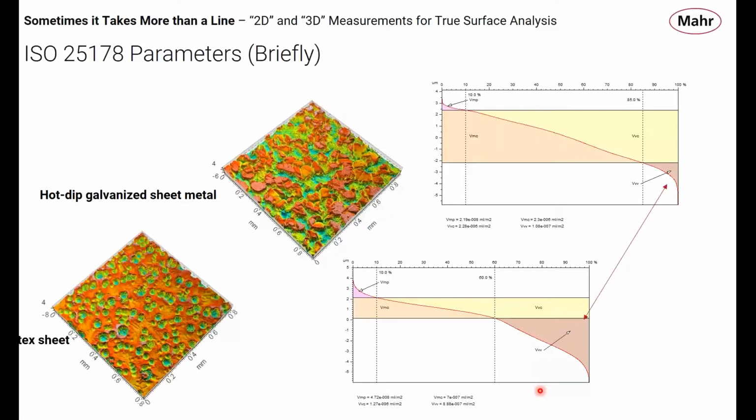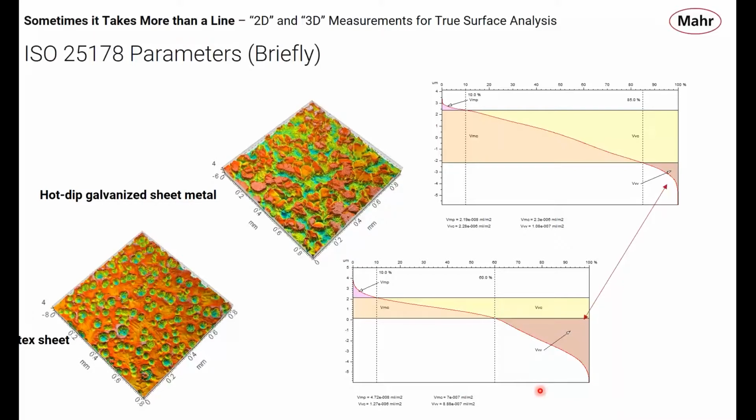These ISO 25178 parameters that we get off of this chart, you could certainly get off of a 2D data set. You could certainly get the VMP and these, and I'll explain what they are in a second, off of an Abbott-Firestone curve from a 2D data set, from a profile, but they do not have the correct meaning. In the case of an Abbott-Firestone curve from a 3D data set, these represent a volume of material on the surface.